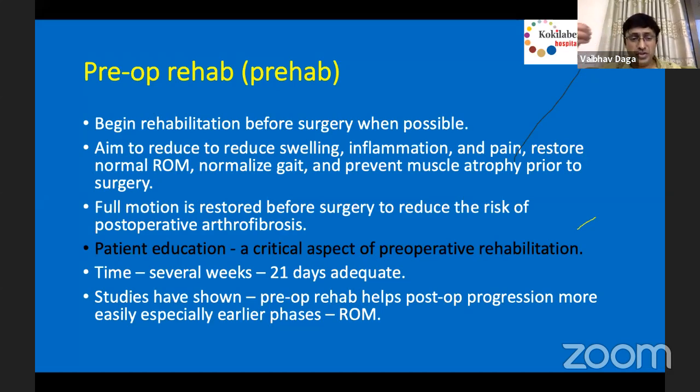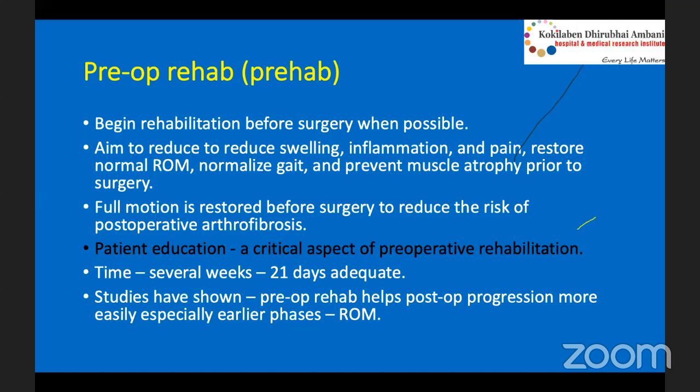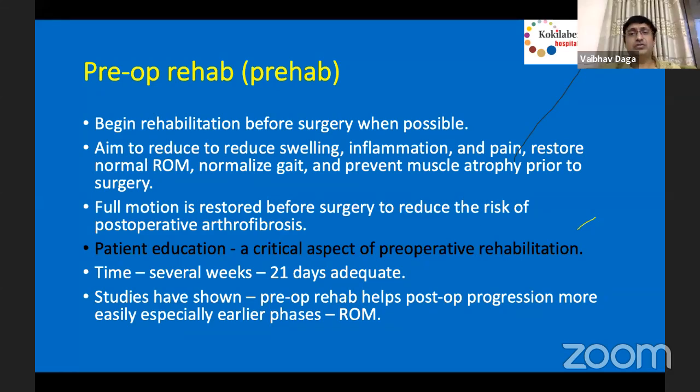He should be assured that he can get back to his sport, but not before 9 to 12 months, because a lot of studies have shown that those who rushed back to sport have ended up re-injuring the ACL. So this kind of education is very important in this phase: what they should expect in the first phase, in the second phase, and in the advanced and return to sports phase of their rehabilitation.